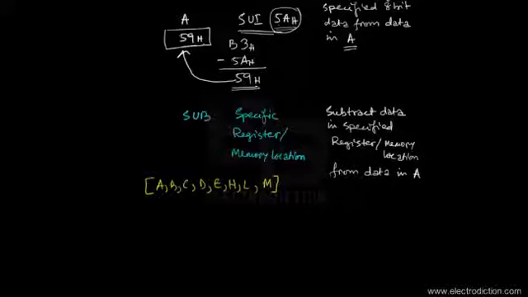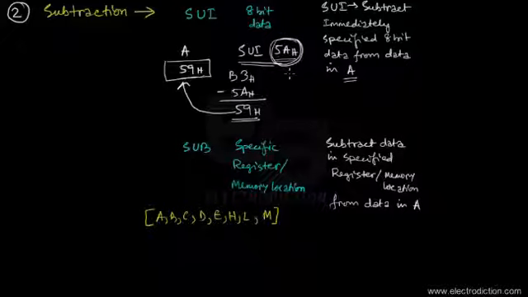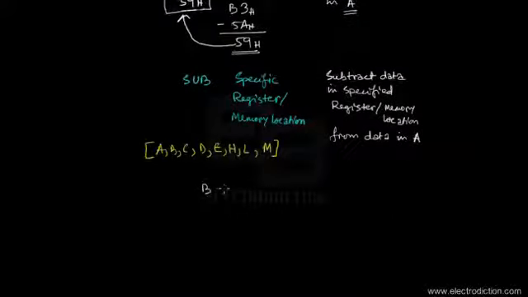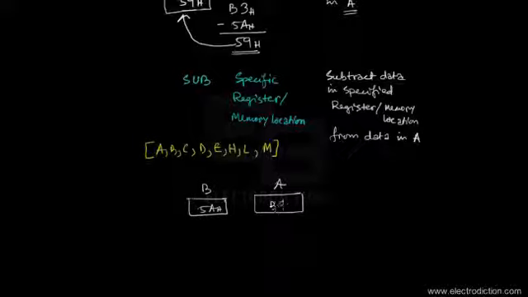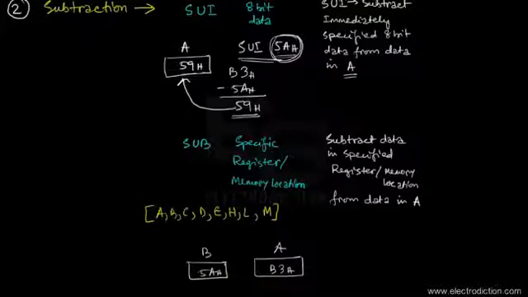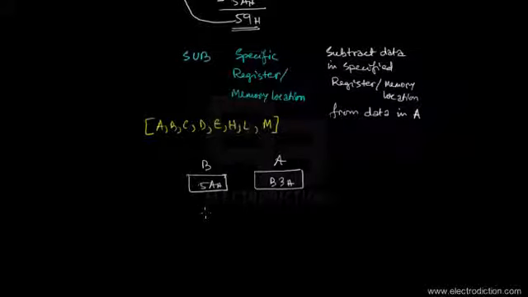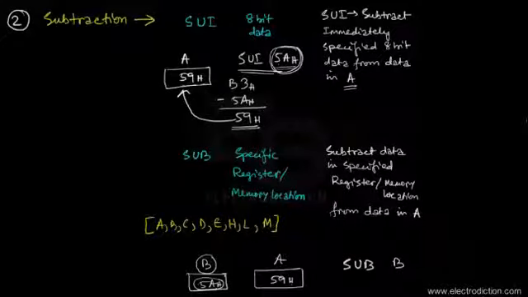Let's say this 8-bit data, 5AH, is stored in register B, and the accumulator currently stores B3H. We write the program code this way: SUB, and give the name of the register B, since we are supposed to subtract the 8-bit data present in register B from the one present in register A. That way we have the same result that we got with the SUI instruction, that's 59H, and it gets stored in the accumulator itself.